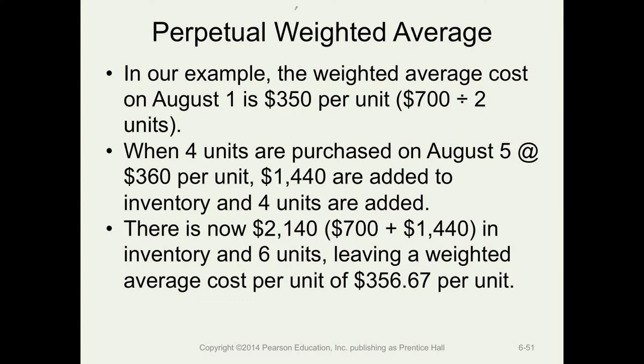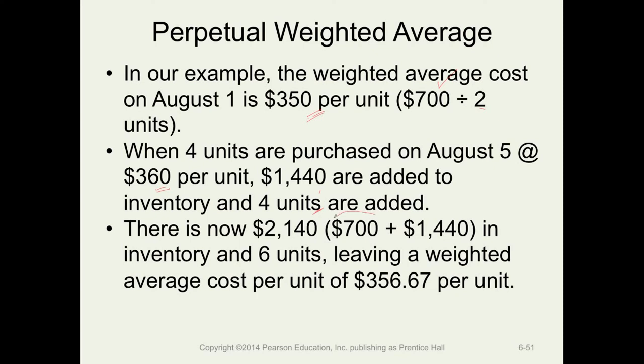So when we started the month of August, the total cost of goods available was the beginning inventory. You had 2 units, so your average cost was $350. Then when you purchased 4 units on August 5th for $360, it added $1,440 to your total, and 4 units were added as well.